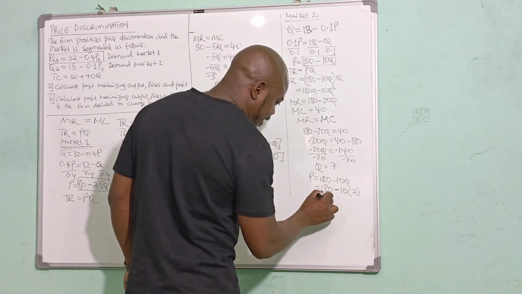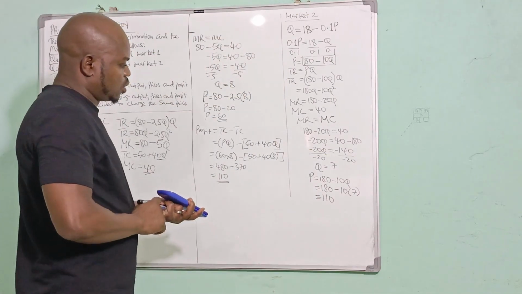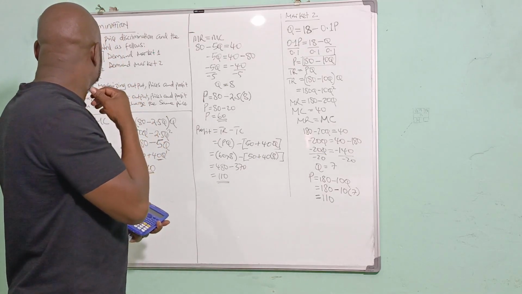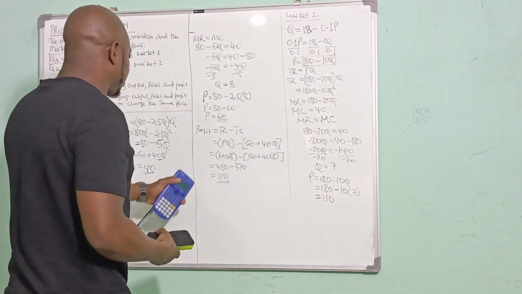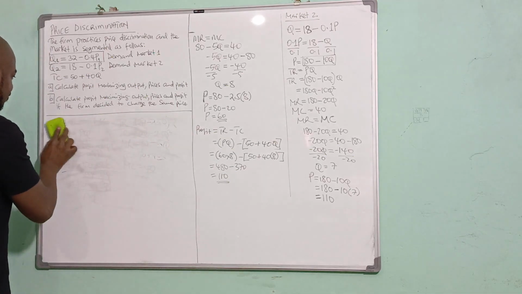My price is 110 here. So with this information now, I can calculate the profit. What do I need? Do I need this? I don't need this, but I need the profit for here. For now, maybe I can remove this.